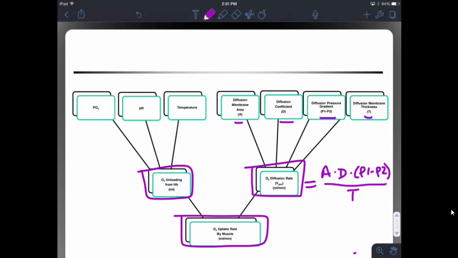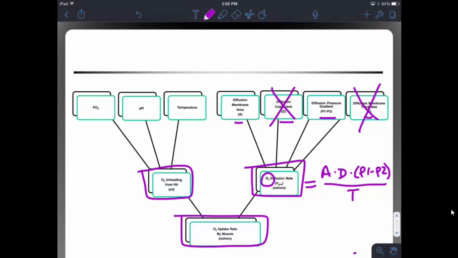With training, we're not going to see a difference in the diffusion coefficient. What we're talking about, remember, is diffusion of oxygen, and the diffusion coefficient for oxygen is constant, so that's not going to change. The diffusion membrane thickness is not going to become any more optimal. It's as thin as it's going to get.